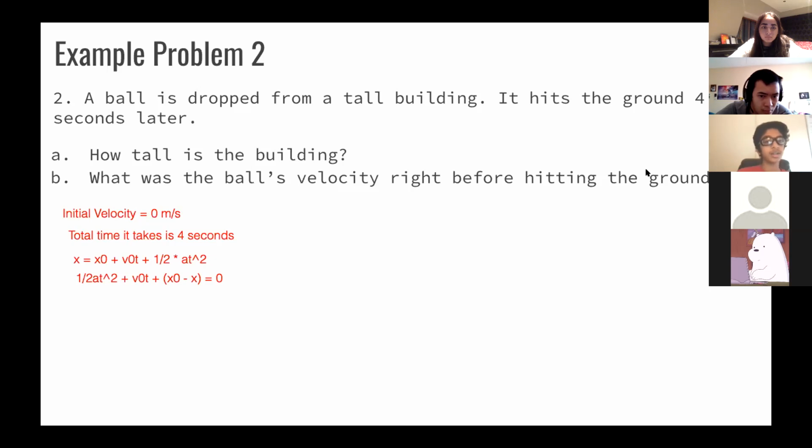In this scenario, 1/2 a would be your a, v naught would be your b, and x naught minus x would be your c. Or you could just plug the numbers directly in the second step here. If you plug in these numbers, you'll notice that this is a little weird.